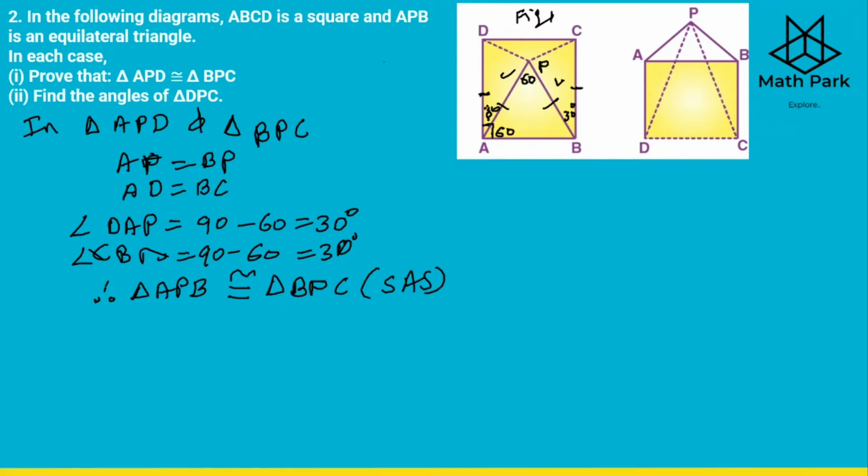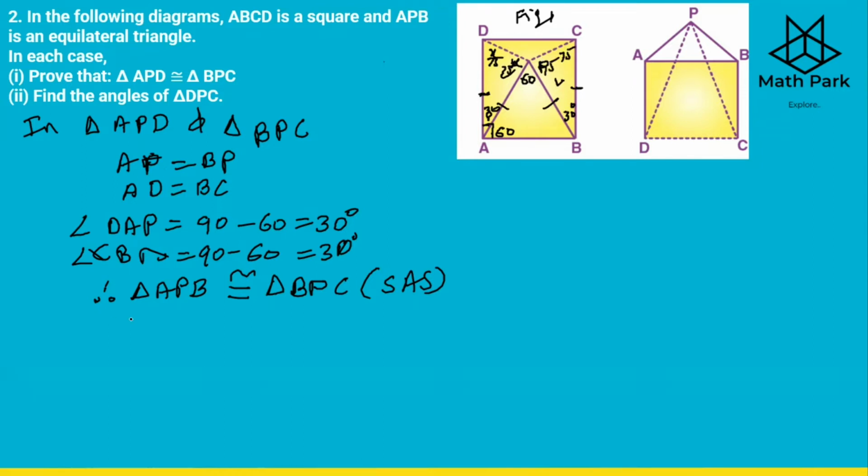Since AD is equal to AP, you get these two angles equal. By the angle sum property, if this is 30, then this is going to be 180 minus 30, that is 150. Then half of 150, these two angles are going to be 75 and 75. Similarly, you get these angles also to be 75 and 75.